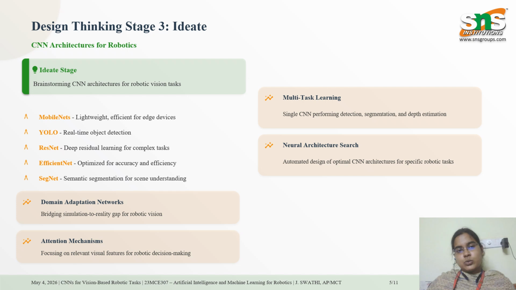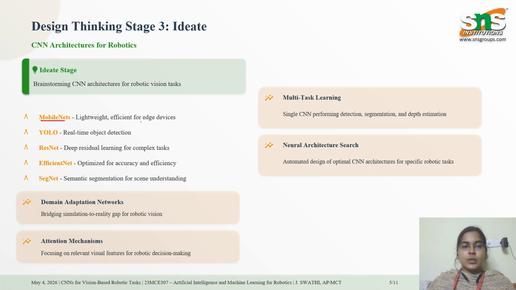Now coming to the development stage, we have architectures like MobileNet, YOLO, ResNet, EfficientNet, and SegNet, and these individually stand for different applications. MobileNet is lightweight and efficient for edge devices. YOLO is for real-time object detection.